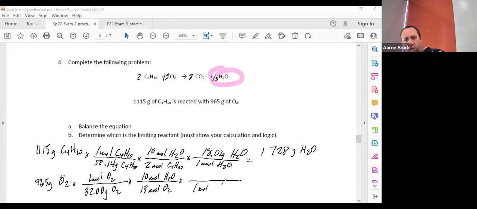And every mole of water is 18.02 grams. The one nice thing about these calculations is that there is some repeatability in them. 965 times 10 times 18.02 divided by 32, divided by 13. To three significant figures, it's 418 grams of water.